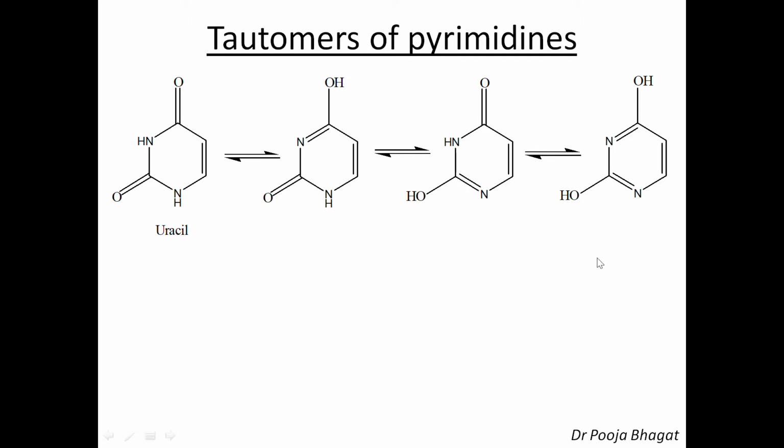So this structure is obtained by the lone pair of electrons shifting here and the pi electron density towards oxygen. So this is the enolic position, and the fourth one is where both of them are OH groups. So these are the four tautomers of uracil.